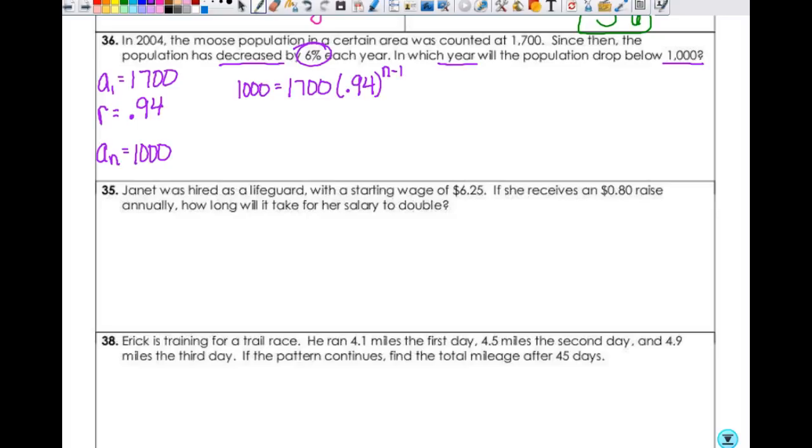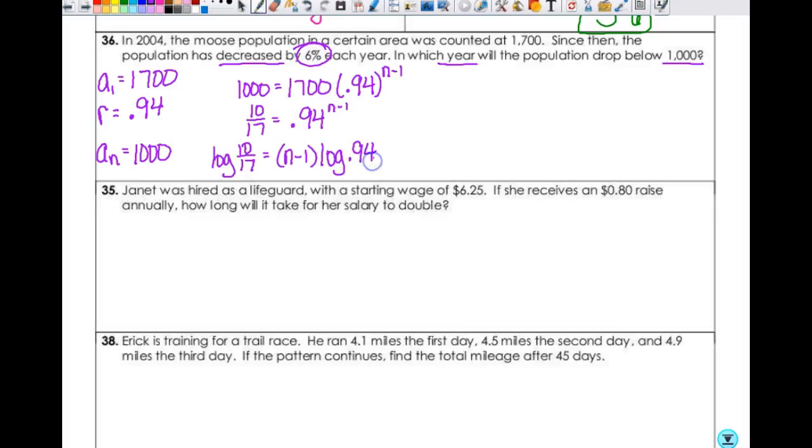Okay, so I'm going to divide both sides by 1,700, and that's going to give me 10 over 17 is equal to 0.94 to the N minus 1 power. I need to get N out of the exponent, so I'm going to have to take the log of both sides. So the log of 10 over 17 is equal to, when I take the log over here, the exponent comes out front, times the log of 0.94.